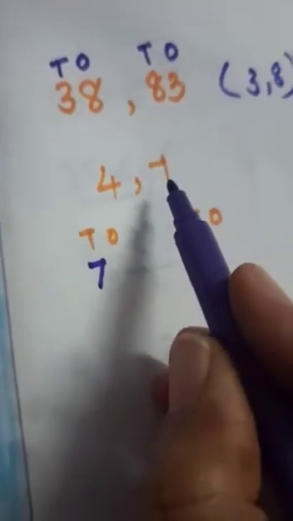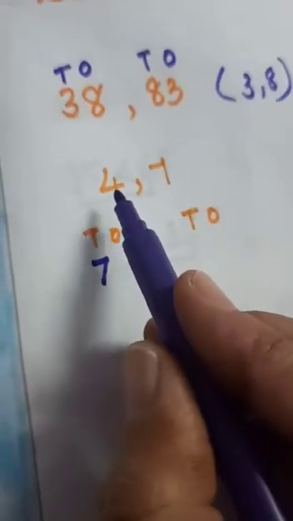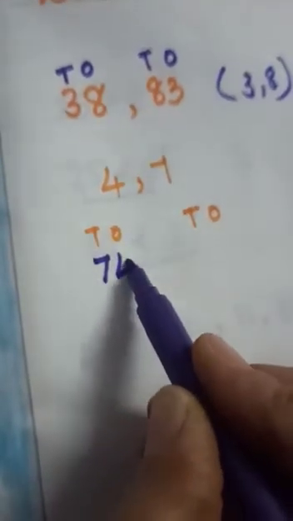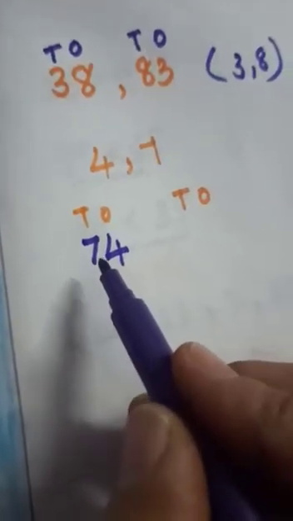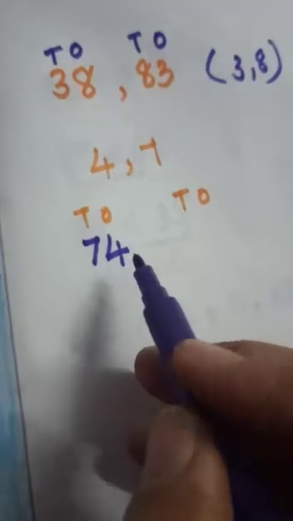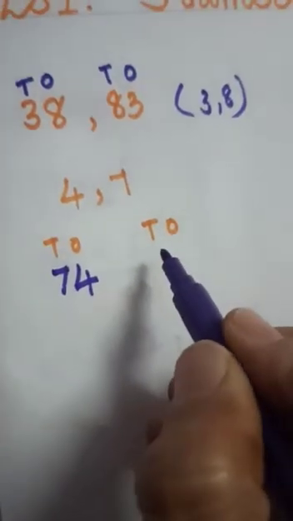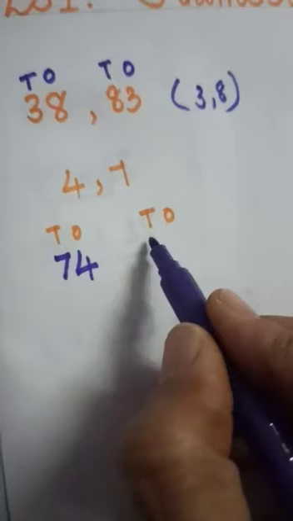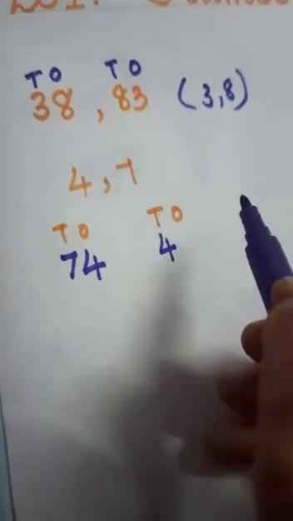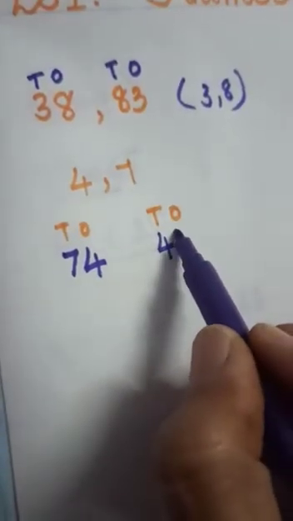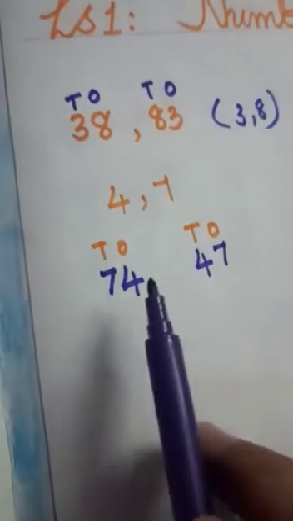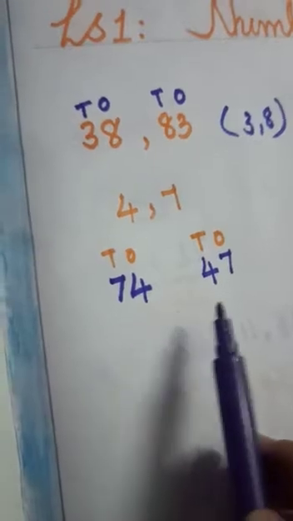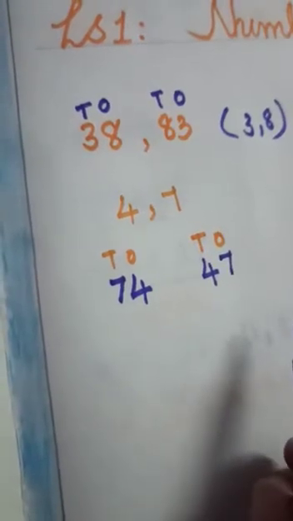So on the tens place I am writing 7 because 7 is greater than 4, and on the ones place I am writing 4 because 4 is smaller than 7. To make the smaller number, we have to write the smaller digit on the tens place and the bigger digit on the ones place. So the bigger number is 74 and the smaller number is 47.